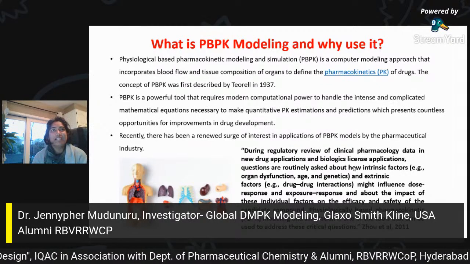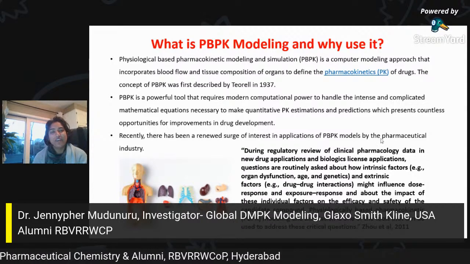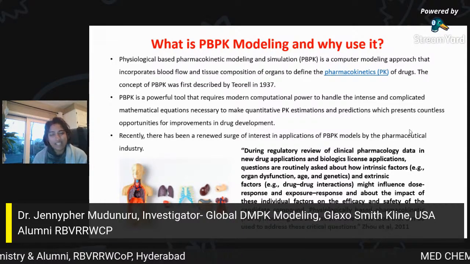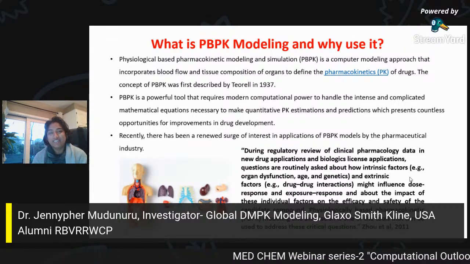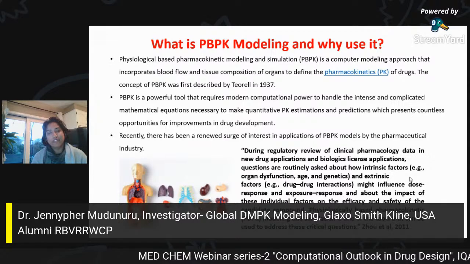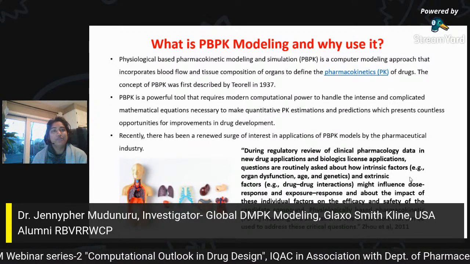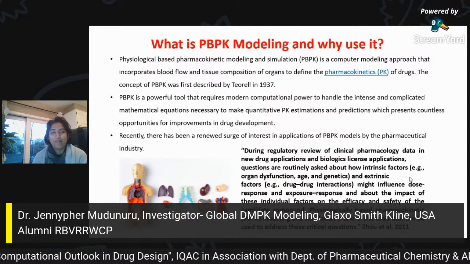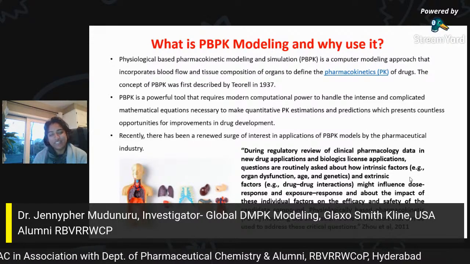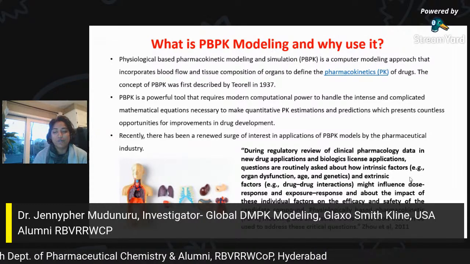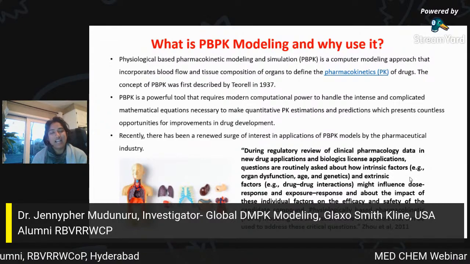Time is of great essence when you're developing a compound. According to the 2020 numbers, it takes about 8 to 10 years to bring a compound from the very early stages into the market, and an investment of around $2.9 billion. So you can see why time is of essence, because the faster you go, the faster you put the drug out, but you want to make sure you're safe and your efficacy targets are reached.